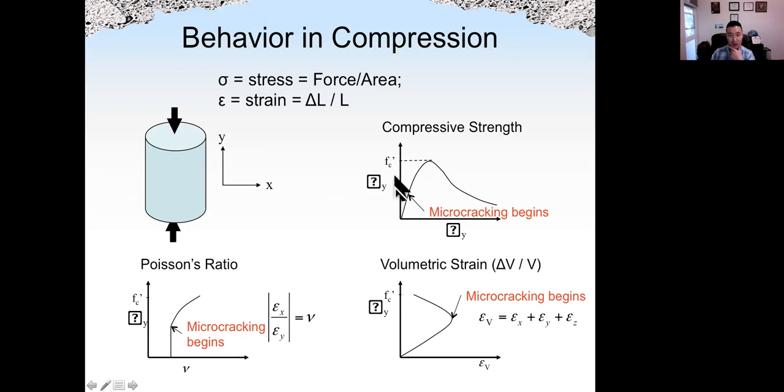The figure on the upper right shows the stress-strain curve for concrete. The y-axis is stress sigma, and the x-axis is strain epsilon.